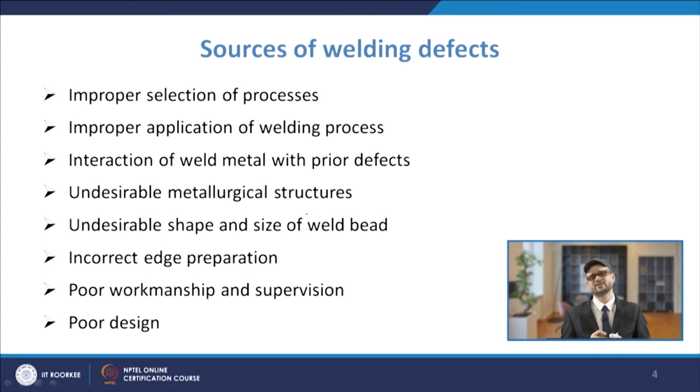maybe because of inclusions such as tungsten oxide or slags. These inclusions will also have an effect because they are undesirable macrostructures, undesirable metallurgical structures, and that is going to be detrimental for the quality of the weld.